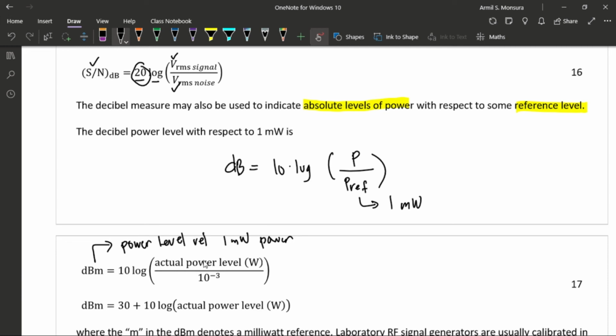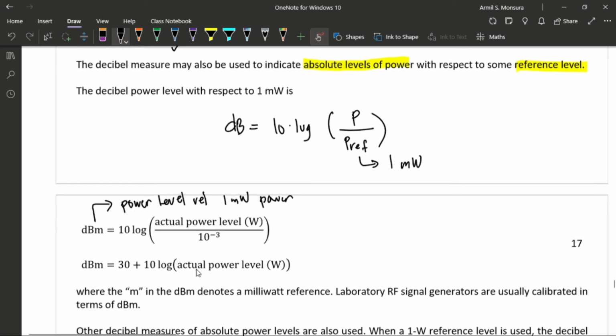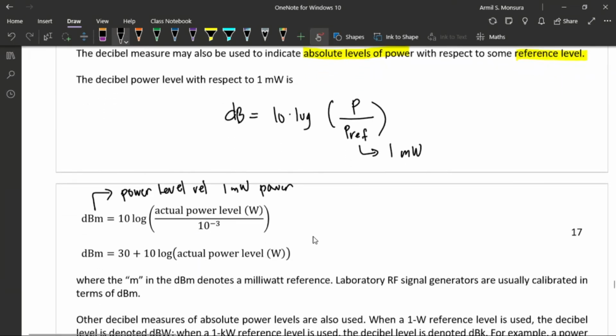Yun yung ibig sabihin ng dBm. So, if we have to compare dBm with dB, ito yung paggamit ng dBm at saka ng dB, kasi ang dB we use as power ratio. That is, we compare two powers.